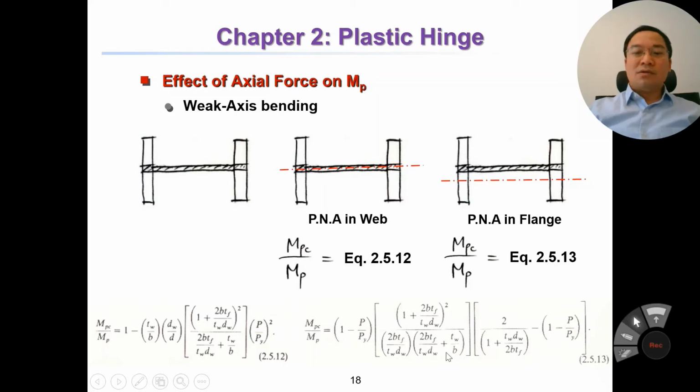And you can check also in your textbook this equation. So you can check in detail in the book. But the procedure, I already talked about the procedure in the previous example. So to save time, we don't talk in detail.